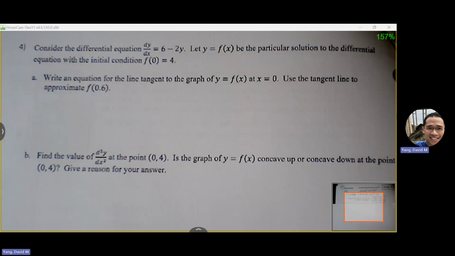Write the equation of the tangent line, and do a linear approximation. So we're not solving anything here. You're just using the differential equation to get to your slope, point slope form. Try part A.